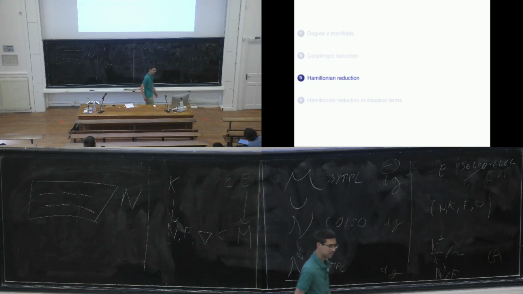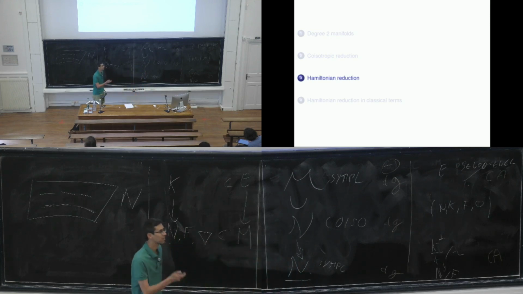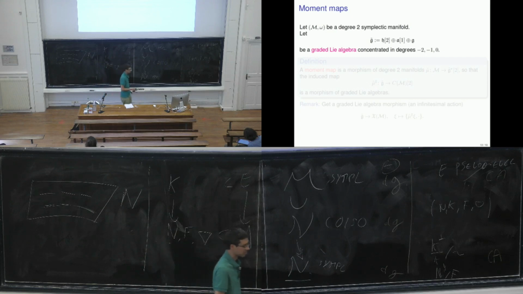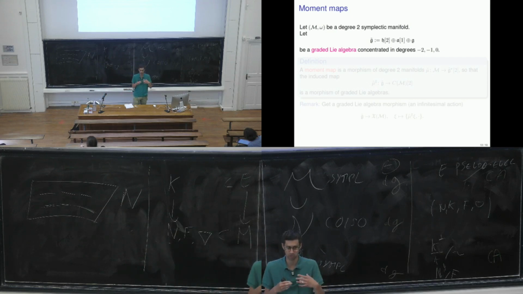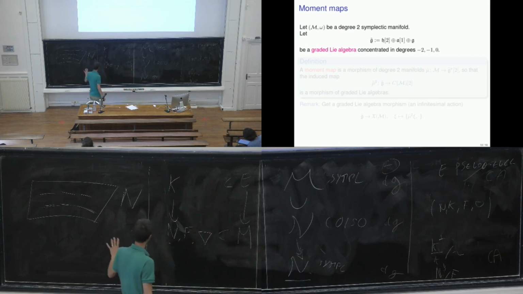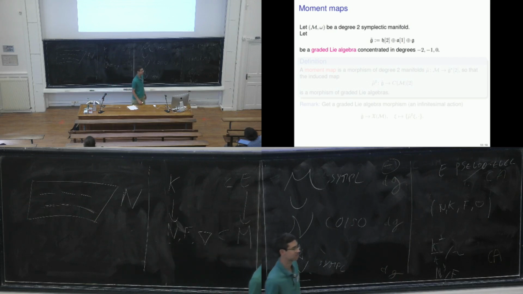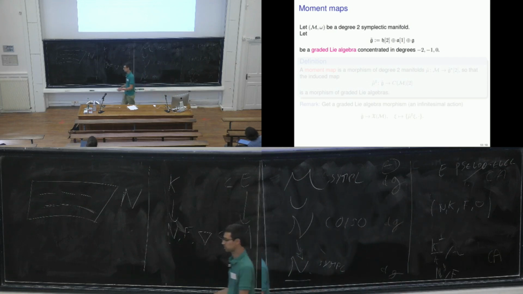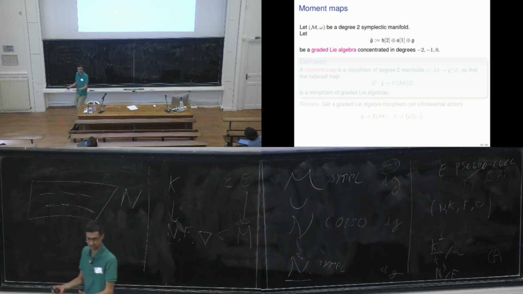Now I'll specialize in a way. I will pass to the Hamiltonian part of the story. What do we start with? A degree 2 symplectic manifold, but we also need an object that acts on it.